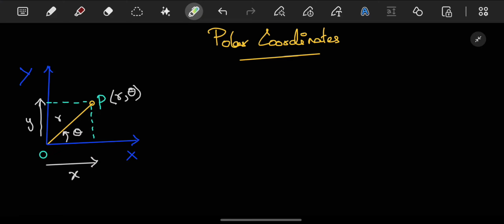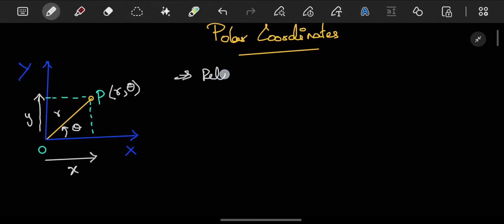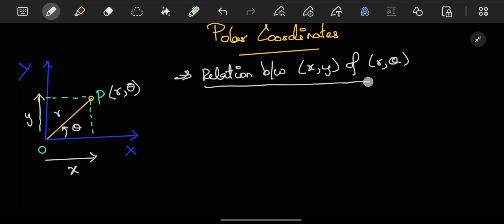Before moving into the position, velocity, and acceleration, let us find the values of r, theta, and the unit vectors for this particle P. First, we are going to find the relation between x comma y and r comma theta. Why are we going to find this relation? Because we have to find the values of r and theta.